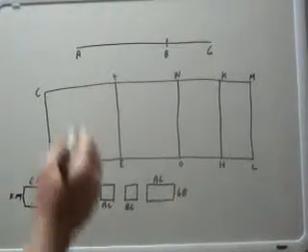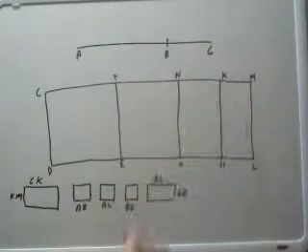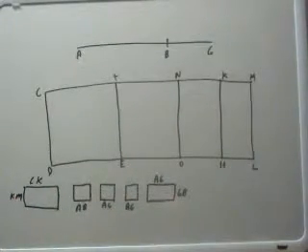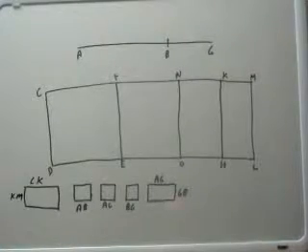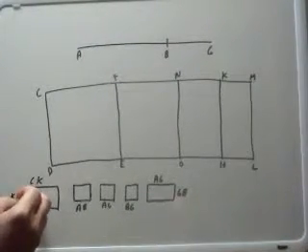Where do we get CK? It's this line right across here. Where do we get KM? It's this line right across here. So therefore, this rectangle is equal to the square on NM.